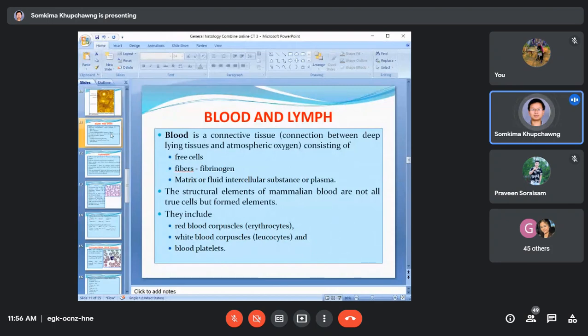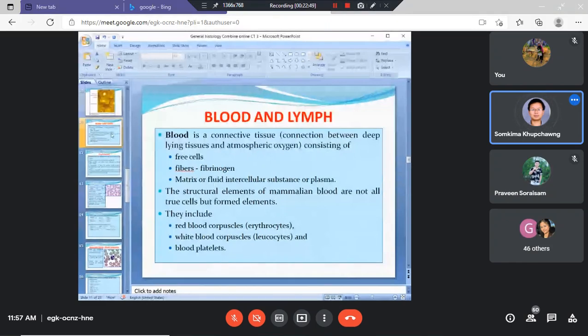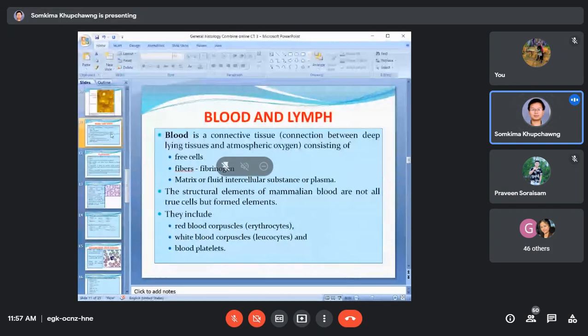So blood also consists of free cells, fibers, and the matrix, the fluid intercellular substance or plasma. The structural elements of mammalian blood are not all true cells but formed elements. In the previous class, sir has already discussed the structure of the cell: the components of the cell, nucleus, organelles, and all.